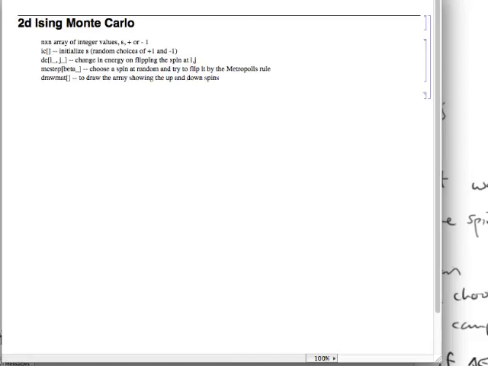So the initial condition function will just be to say s is an array of... so we'll just start out by saying n is going to be 100.